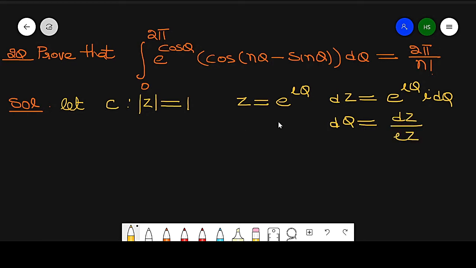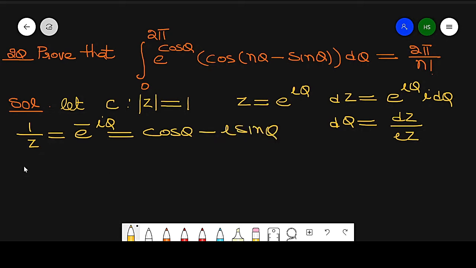This is one thing. Second, 1 by z can be written as e raised to power minus iota theta, which is cos theta minus iota sine theta.